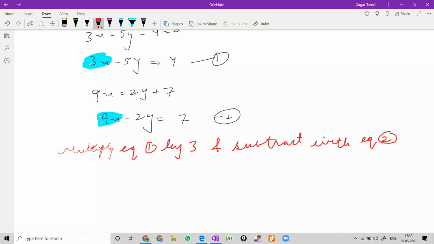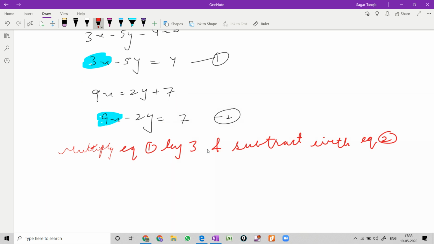After multiplying it by 3, we can subtract with equation 2. Is it clear? We are multiplying it by 3 to make it 9x, because here also we have 9x. So plus and plus means same sign.